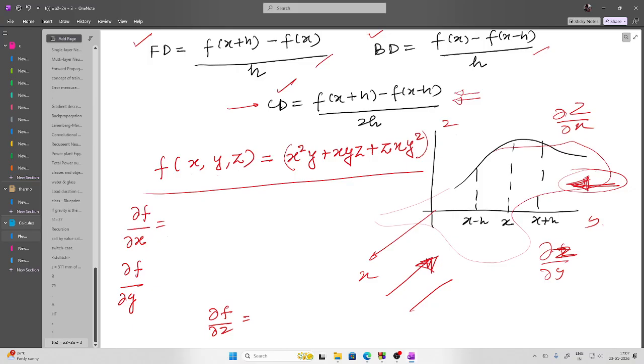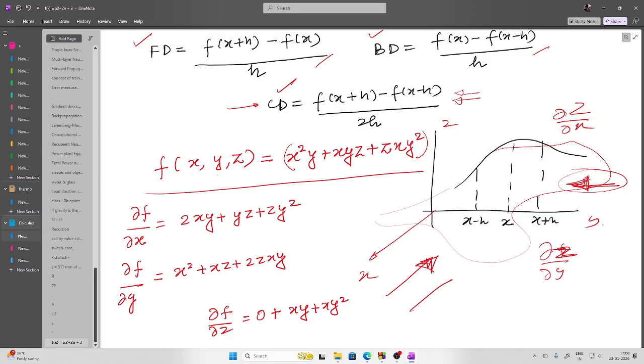So only x is the parameter, and y and z can be taken as constants. So this will simply be 2xy plus yz plus zy square. Likewise here, x square plus xz plus 2zxy, and here it is 0 plus xy plus xy square.